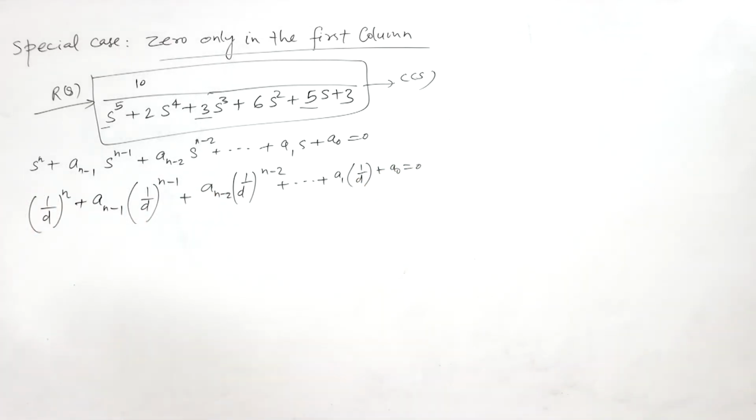Now we can take 1 by d power n outside as common.